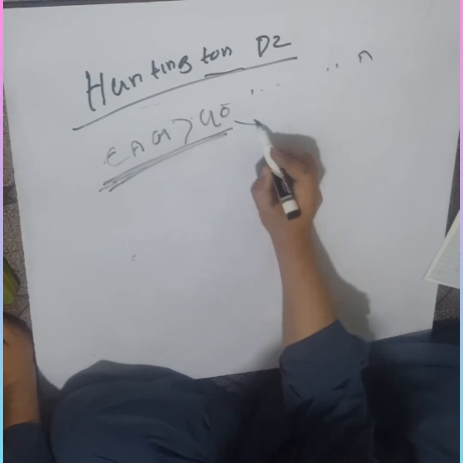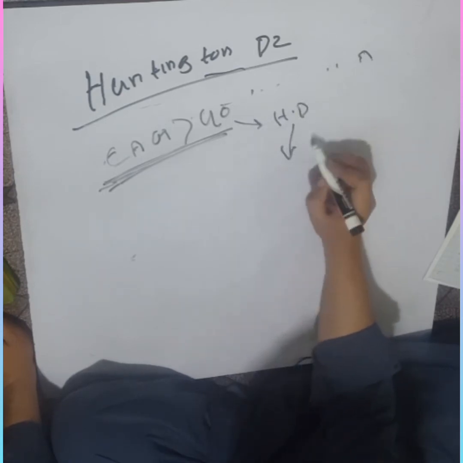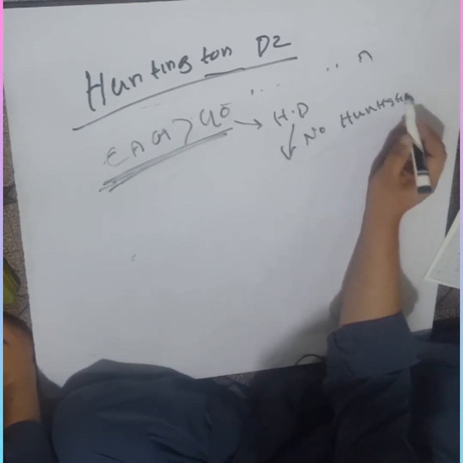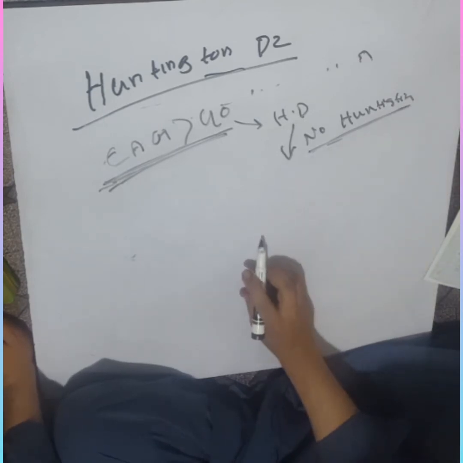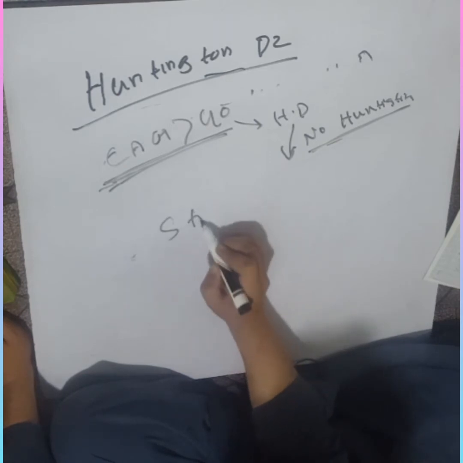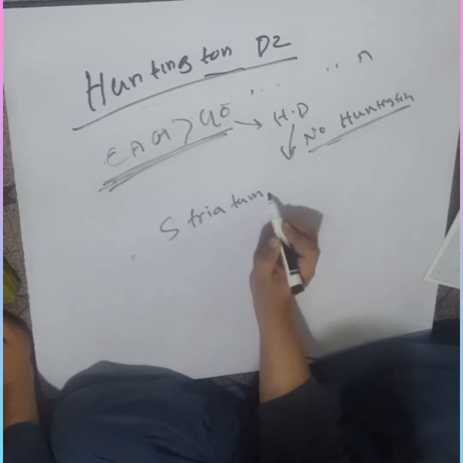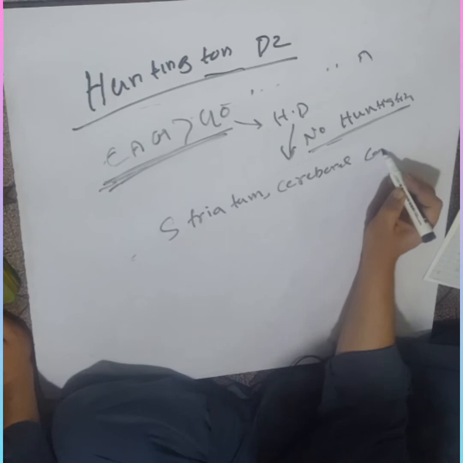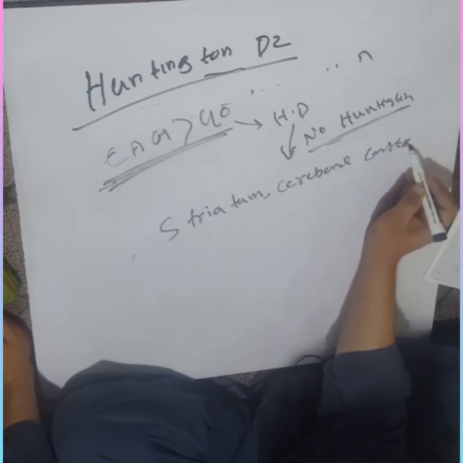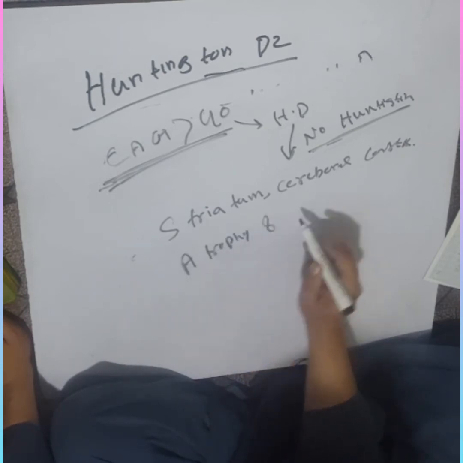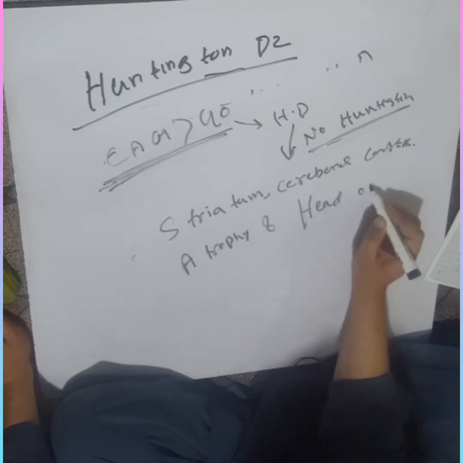When Huntington disease occurs, there is no normal structure of Huntington protein, and the striatum and cerebral cortex are involved in imaging.